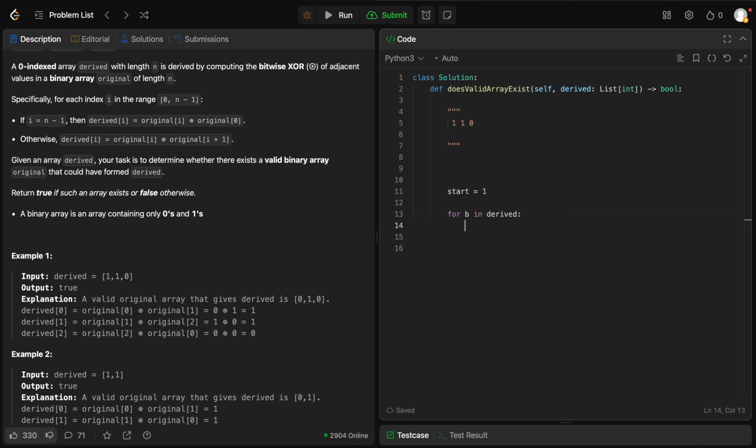If start was 1, and I get the output 1, that means that this has to be 0.